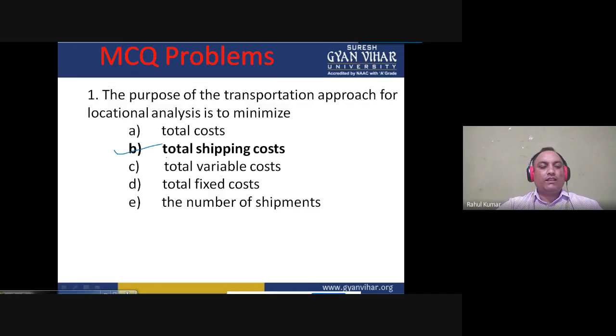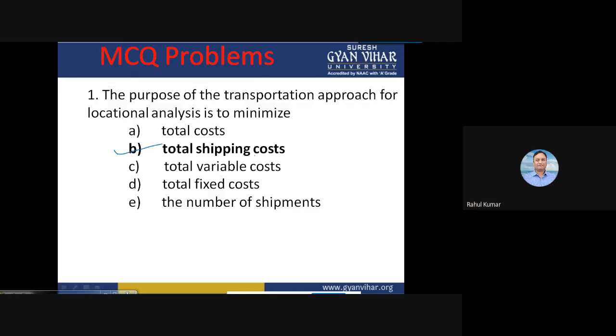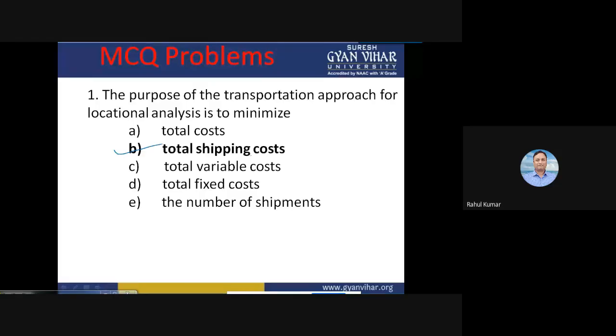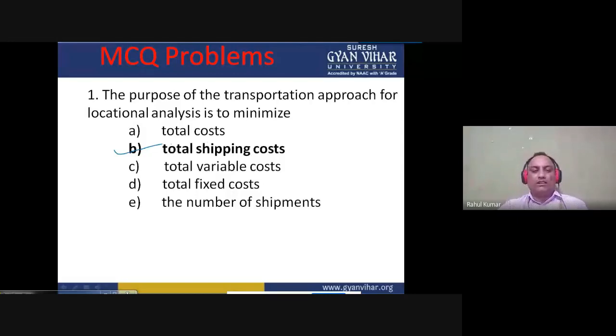So the correct answer for this question is total shipping cost. Minimize the total shipping cost, and reduce the shipping cost also, right? The different types of cost present are total cost, total variable cost, total fixed cost, and the number of shipments. But the correct answer is total shipping cost. Then move to the second question.